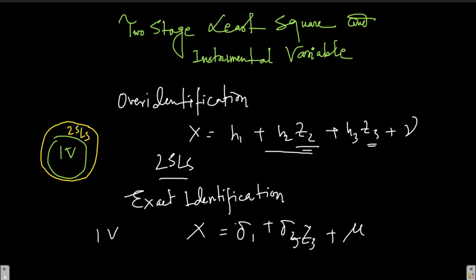Now, let us write it mathematically, how it will look. If we do the first stage least square, let us think about our example of wage rate. So wage rate W is equal to alpha 1 plus alpha 2 P, and then alpha 3 unemployment, and then some error term.